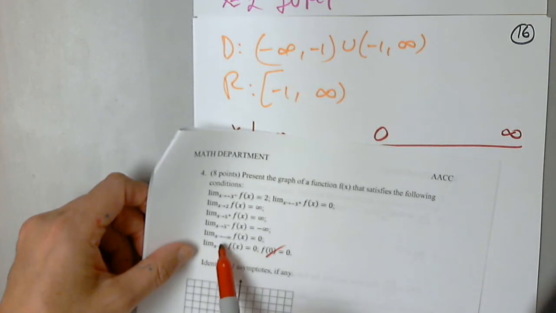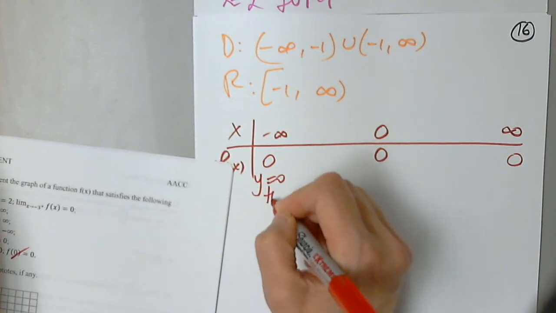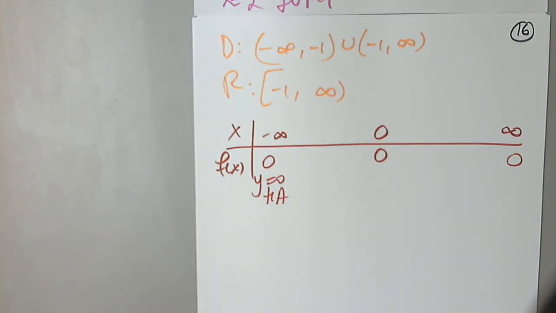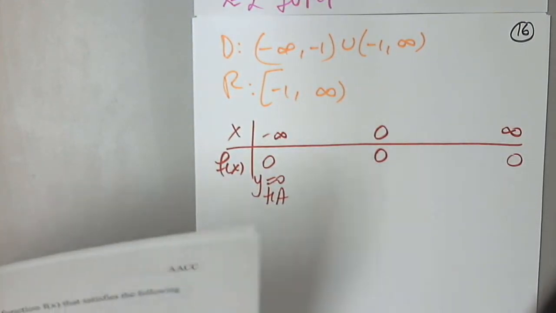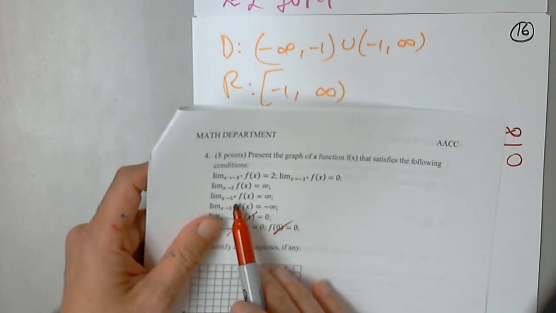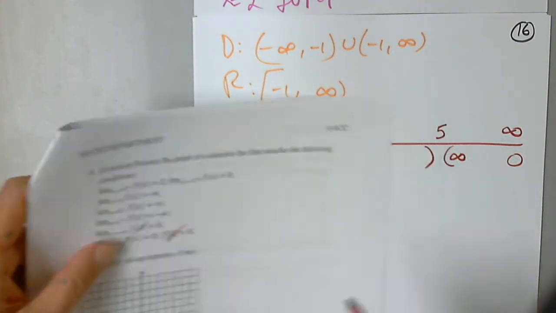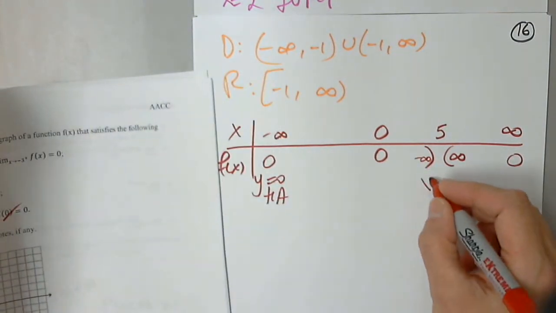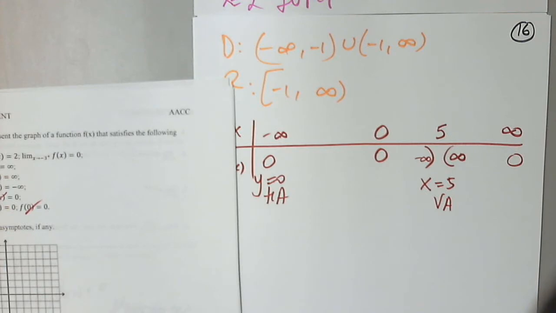Then I see limits at positive and negative infinity are 0, which means y equals 0 is a horizontal asymptote. Then I see something happens at 5. The limit from the right of 5 is infinity and the limit from the left of 5 is negative infinity, which makes me conclude that this is a vertical asymptote.